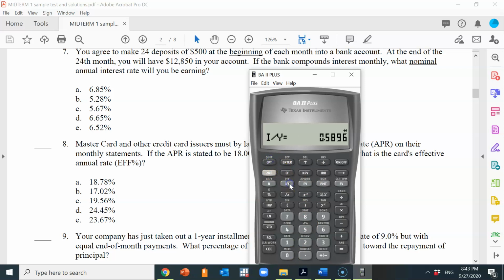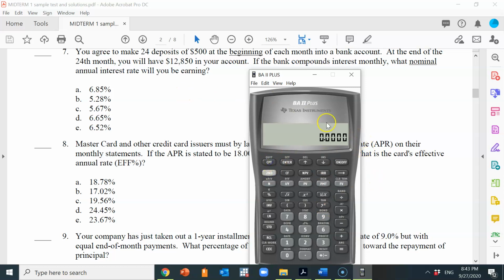Compute for I. Okay, 0.58596. Let me compute again. 5896. Huh. Oh, let me double check.